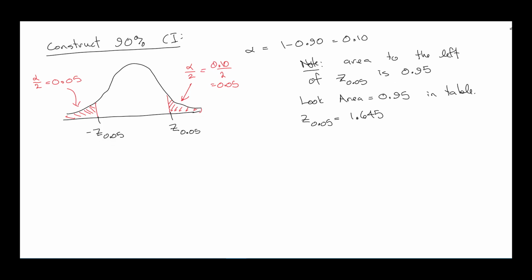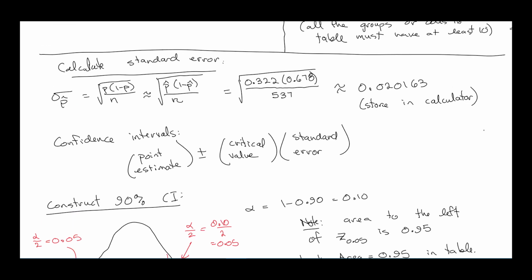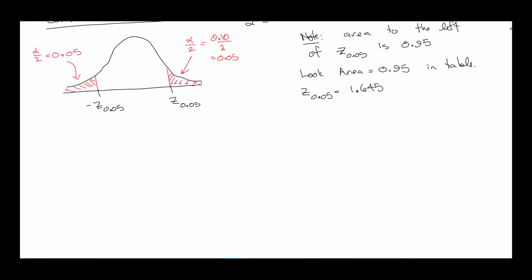Okay, and so now we've got the standard error. Let's see, what are we looking for? The standard error, we've got the critical value. We already had the point estimate, and so now we just need to work it out. So my confidence interval then: I'm going to do p hat, that's my point estimate, plus or minus my critical value, that's my z, multiplied by my standard error, and I'm just going to write it down as standard error.